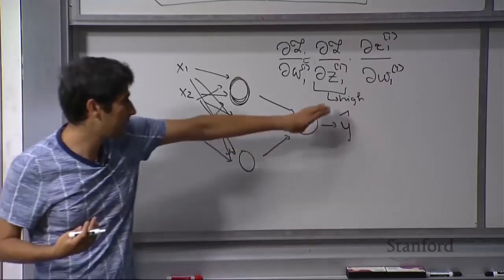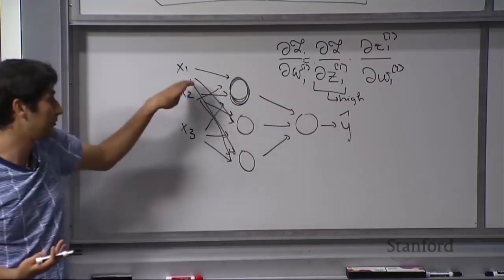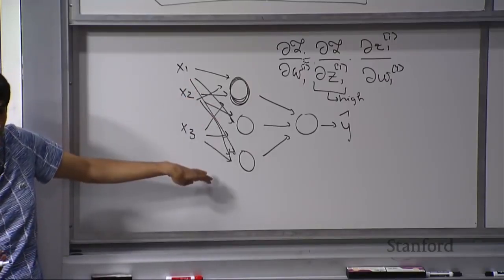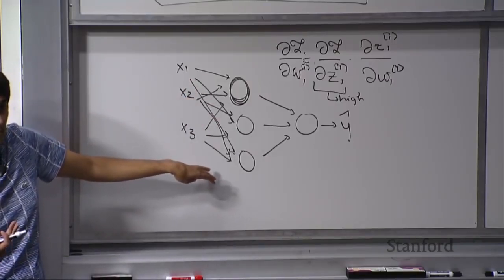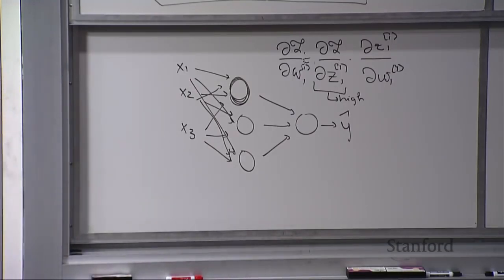Correct? So we need this gradient to be high. And if this gradient is high, the gradient with respect to the input is also going to be high, because you use the same gradient in the chain rule. So networks that have high gradients and that are operating in the linear regime are even more vulnerable to adversarial examples because of this observation.